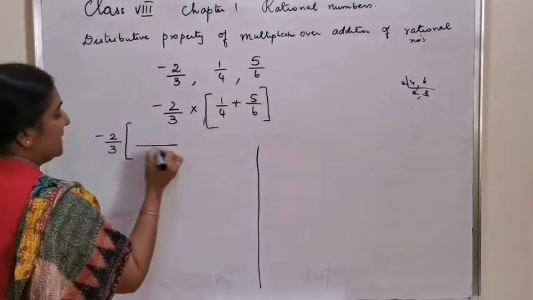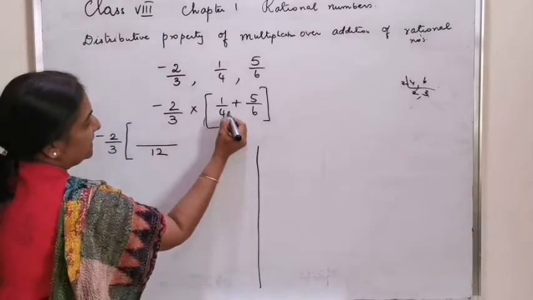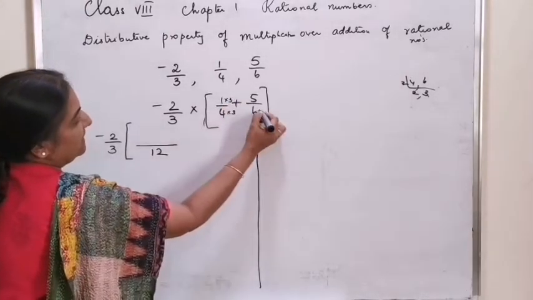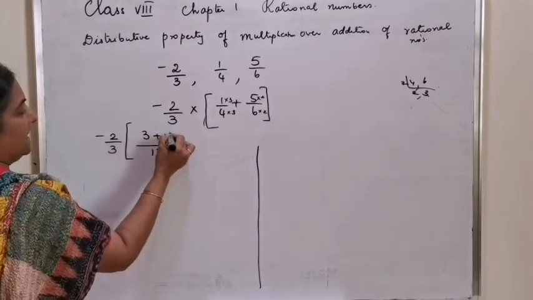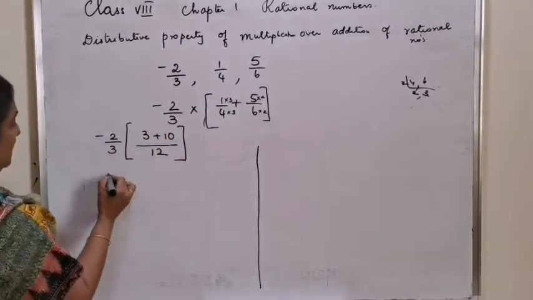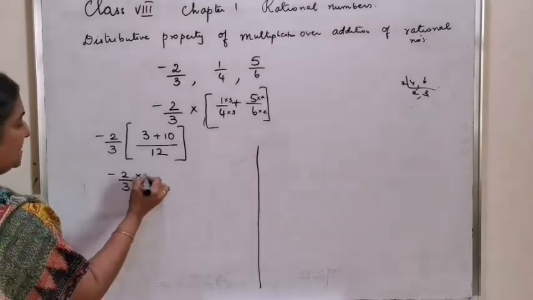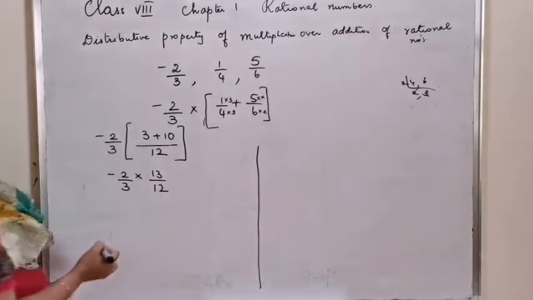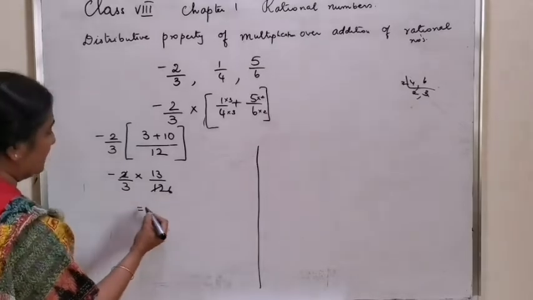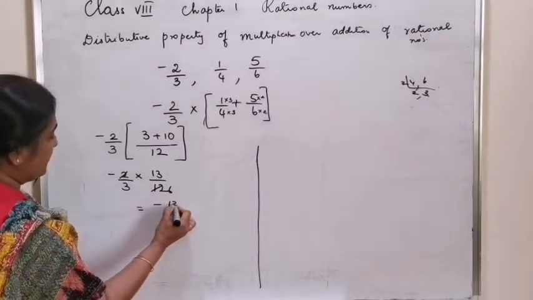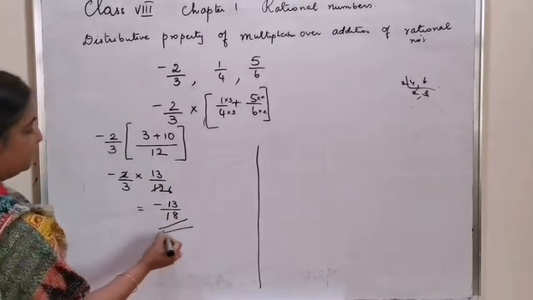That means the LCM is 12, into 3 and into 2. That means 3 plus 10, or minus 2 by 3 into 13 by 12. 2 and 12 get cancelled and the answer is minus 13 by 18.